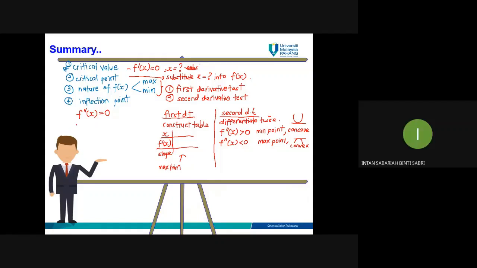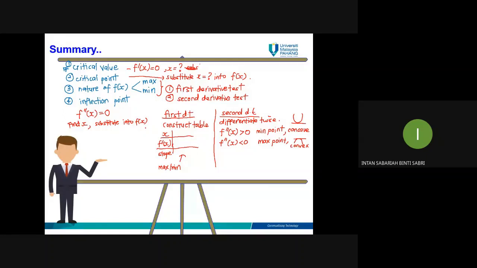So find x: when you set f double prime x equal to 0, you get x.